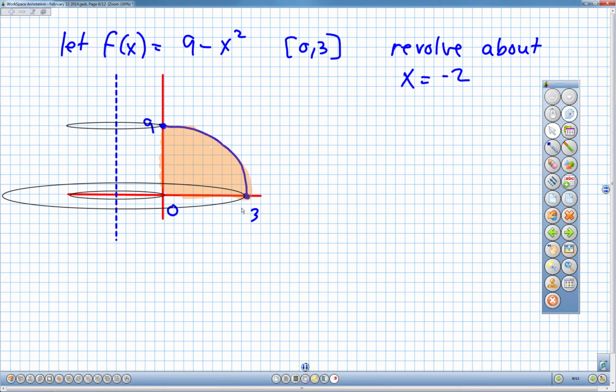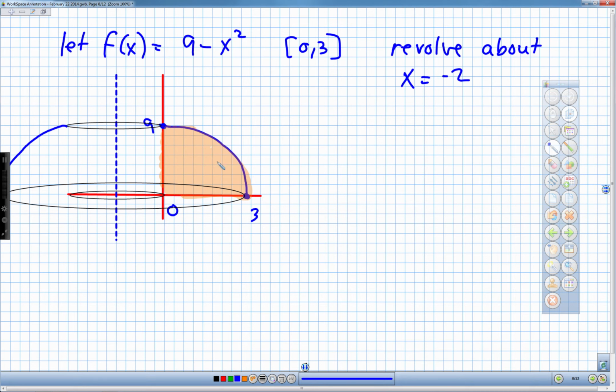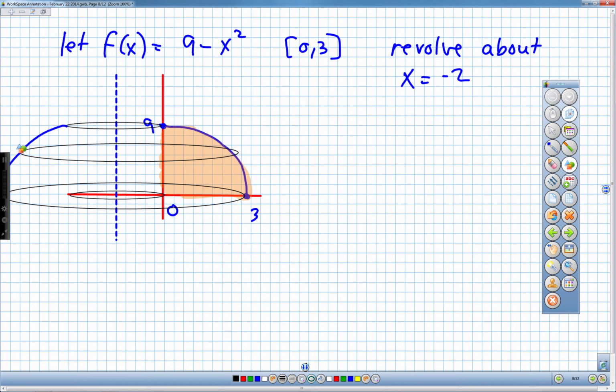And it looks like we should have gone a little bit further over in that direction. Sorry about that, y'all. Now what we want to do is figure out the area of a cross section. These can be a little tricky to draw, especially if you're using a tablet.